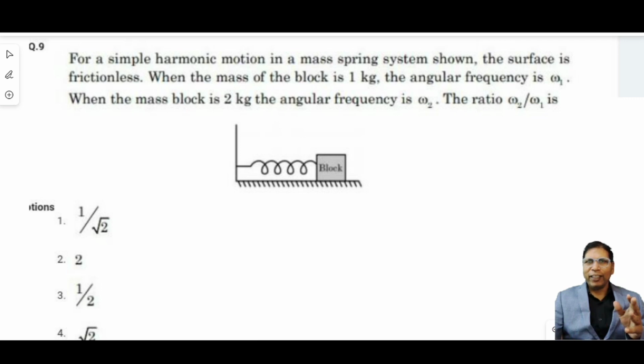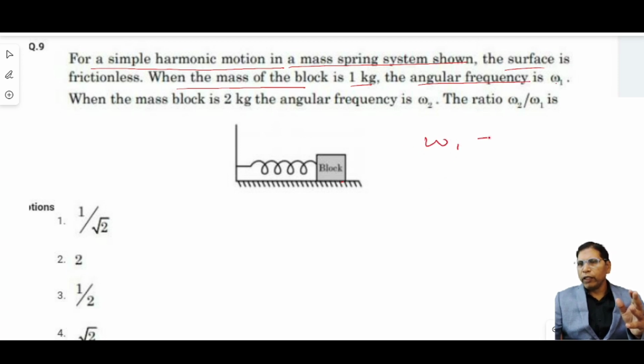Question number 9. Look at this. For a simple harmonic motion in a mass spring system, this is the mass, this is the spring. The surface is frictionless. When the mass of the block is 1 kg, the angular frequency is omega 1. Angular frequency omega 1 is root under force constant divided by mass, so omega 1 equals root k by 1.